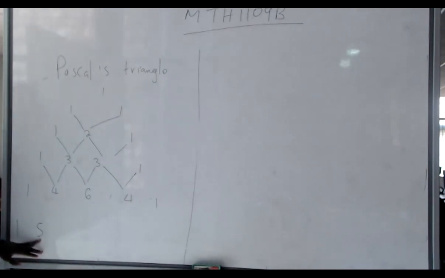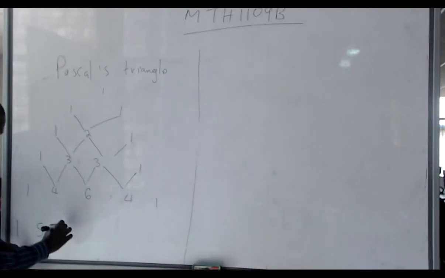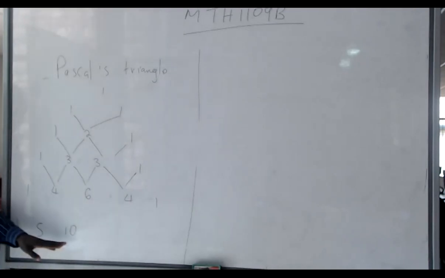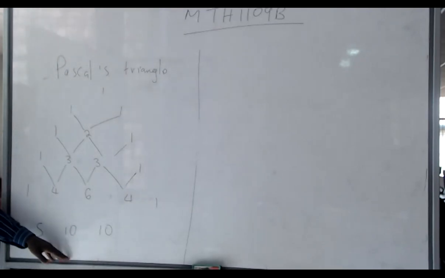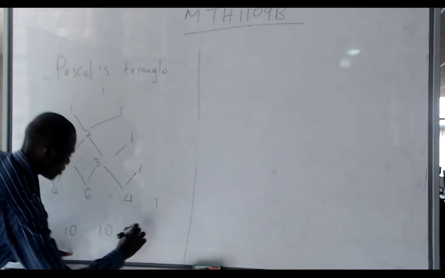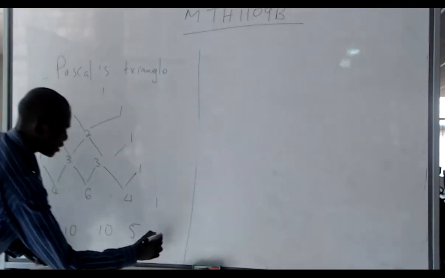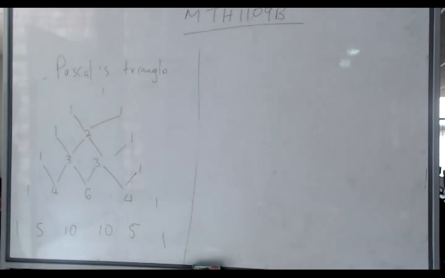And then after that? 10. How did you get 10? 4 plus 6 is 10. And then after 10? 10 again. And after that? 5. And lastly, it's a 1 at the end.